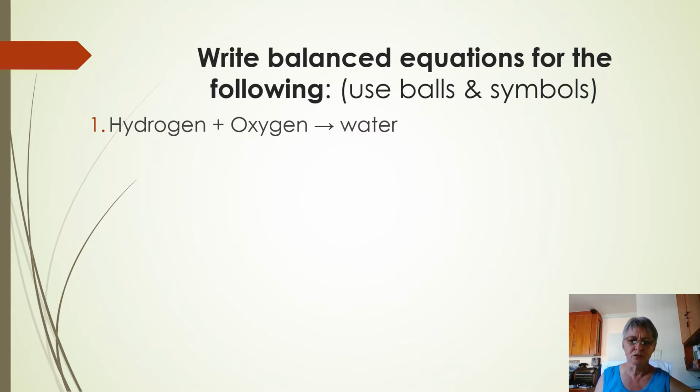Now here we need to remember that hydrogen is a diatomic substance. So when I use ball diagrams to represent the reaction between hydrogen and oxygen, I will use two balls clinging together for the hydrogen molecule, and the oxygen atoms are bigger than the hydrogen atoms, so we will draw bigger balls to represent the oxygen atom.